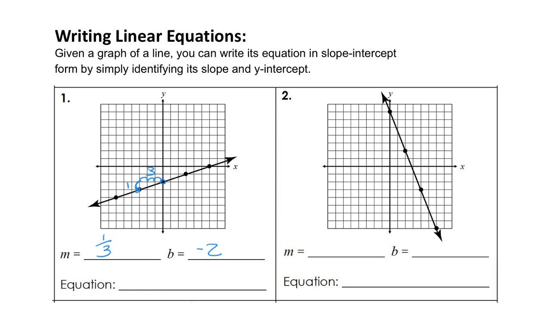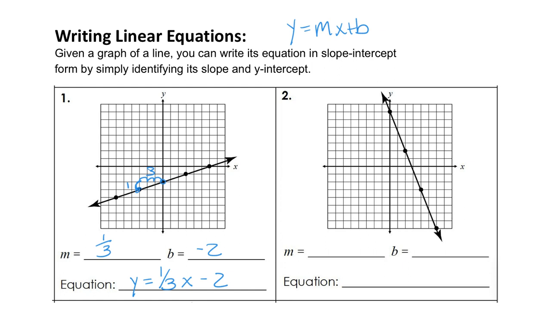Now to write the equation in slope-intercept form, I know slope-intercept form is going to be y equals mx plus b. So take that equation and replace m and b where they need to go. So y equals 1/3 x minus 2. That is the equation for the line shown on number 1.